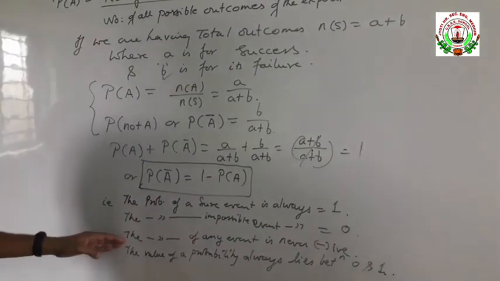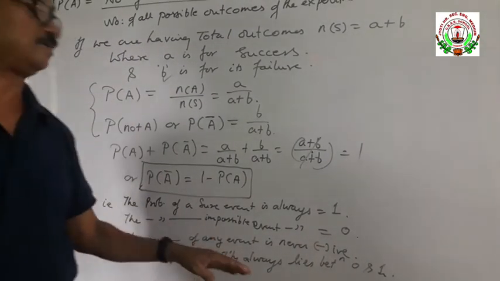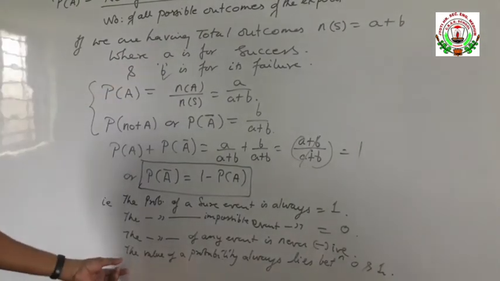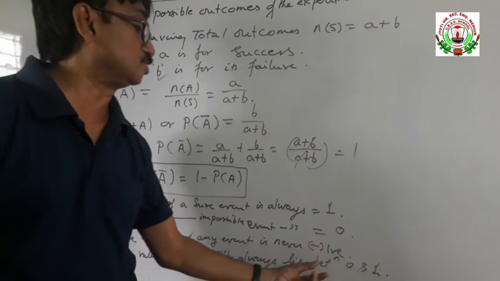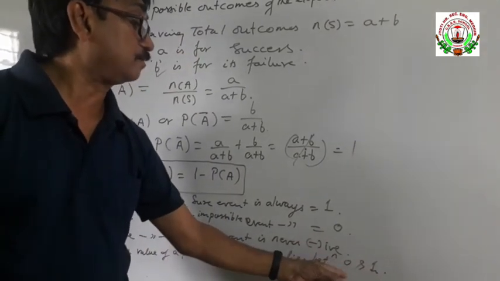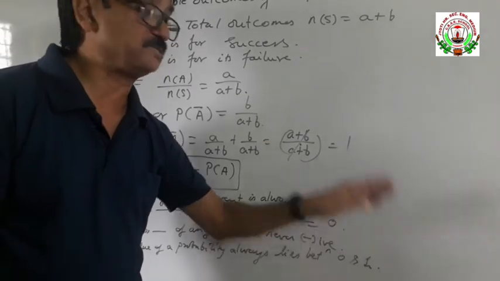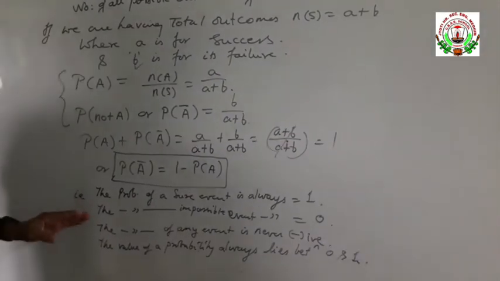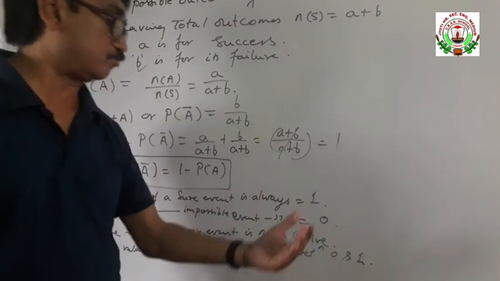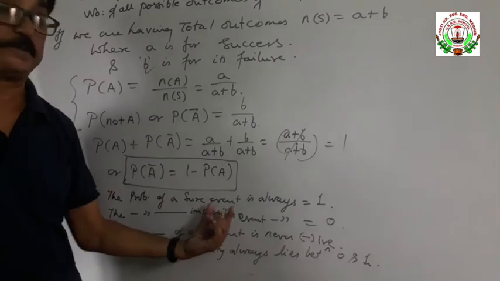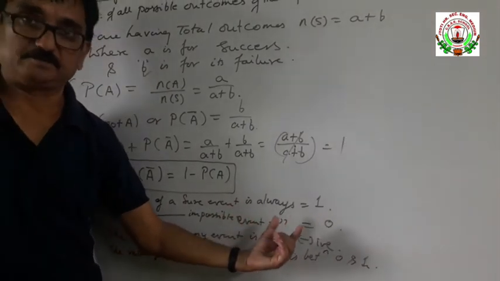The probability of any event cannot be negative, and the value of the probability always lies between 0 and 1. Less than 0 is never negative, and more than 1 is never possible. If it is equal to 1, it will be a sure event. If it is equal to 0, then it will be an impossible event.